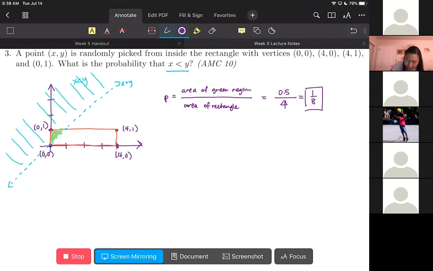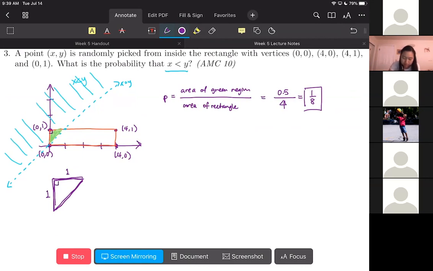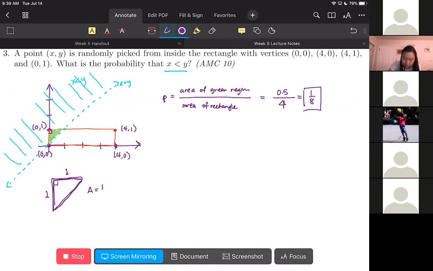The triangle has this shape, right? This length is 1 and this length is 1. Furthermore, this is a right angle. So the area is 1/2 times base times height. If we view this as the base and this as the height, it's going to be 1/2 times 1 times 1, which is 1/2.